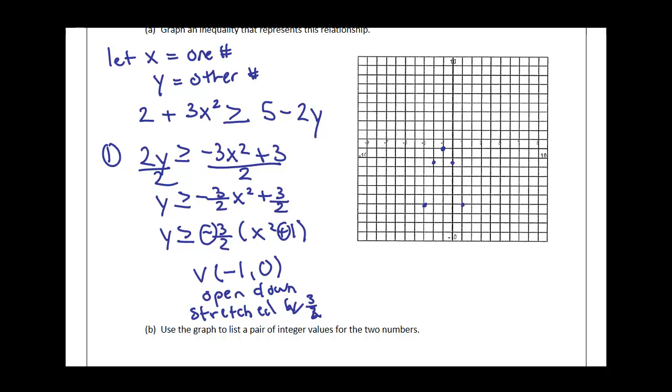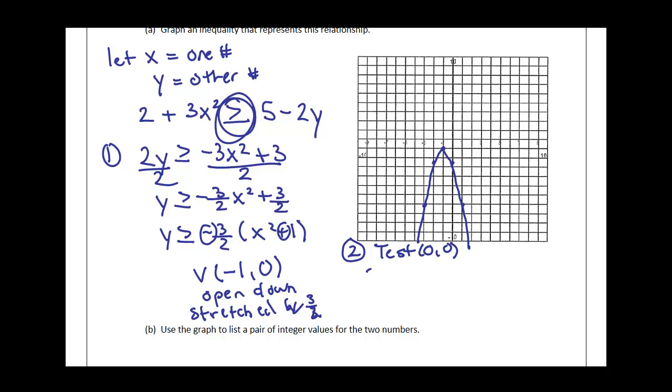So when I'm connecting my dots, I'm going to use a solid line because it's a greater than or equal to inequality. So I'm going to get something as so. Awesome. So to finish it off, I need to test and see where I need to shade. So 0, 0 is our best test point here.